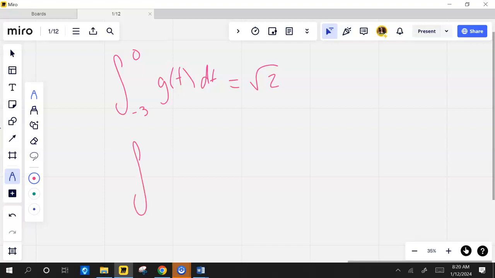And then they said, what is this? So what happened here? Just flip the bounds. Okay. You might have just glanced at it wrong. It might have looked like they were doing something that they weren't. Anything else? Anybody else?